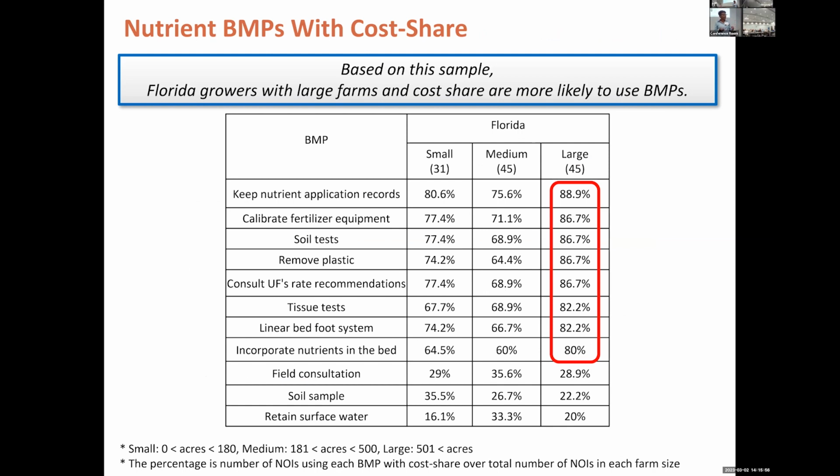There are 3 practices, a field consultant, soil sample, and retaining surface water, that are not widely adopted by medium and large farms. The smaller farmers seem to be adopting these practices. That might have to do with the cost per acre for some of these things. Retaining surface water probably has large infrastructure costs, that kind of thing. So maybe it's not as widely adopted across the 3 groups.